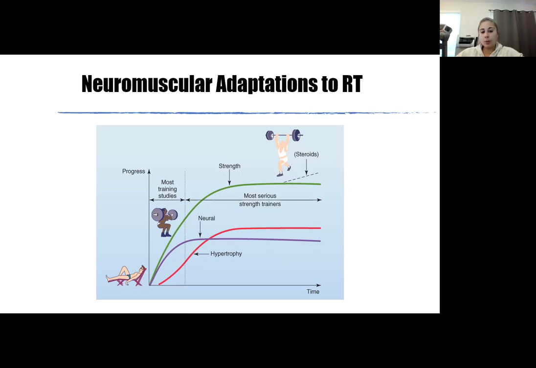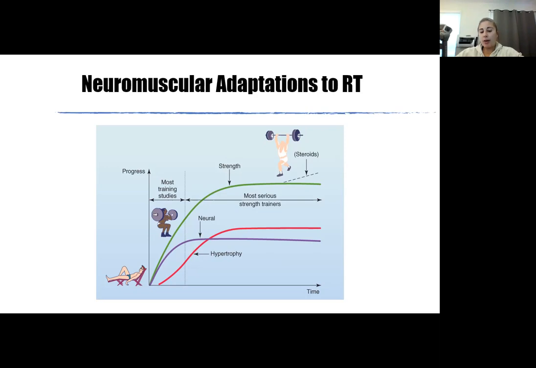Those happen early on, and we'll talk about what neural adaptations are happening, and then eventually it plateaus. So we maximize our ability to recruit all our muscles and those neurological adaptations. Then later on, these adaptations take a little longer to happen. It's hypertrophy, that's your pink or red line here.